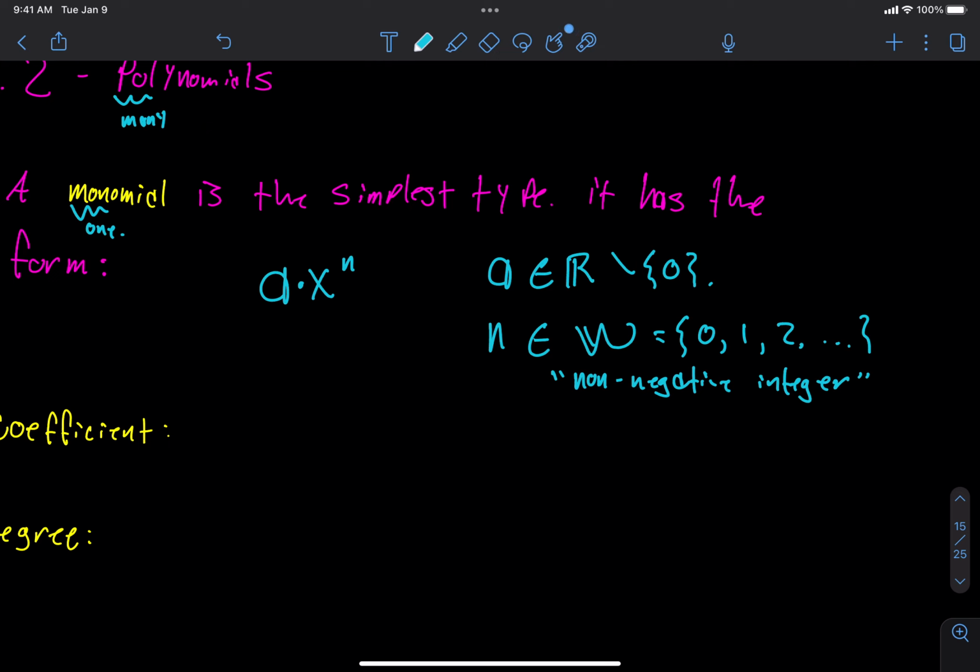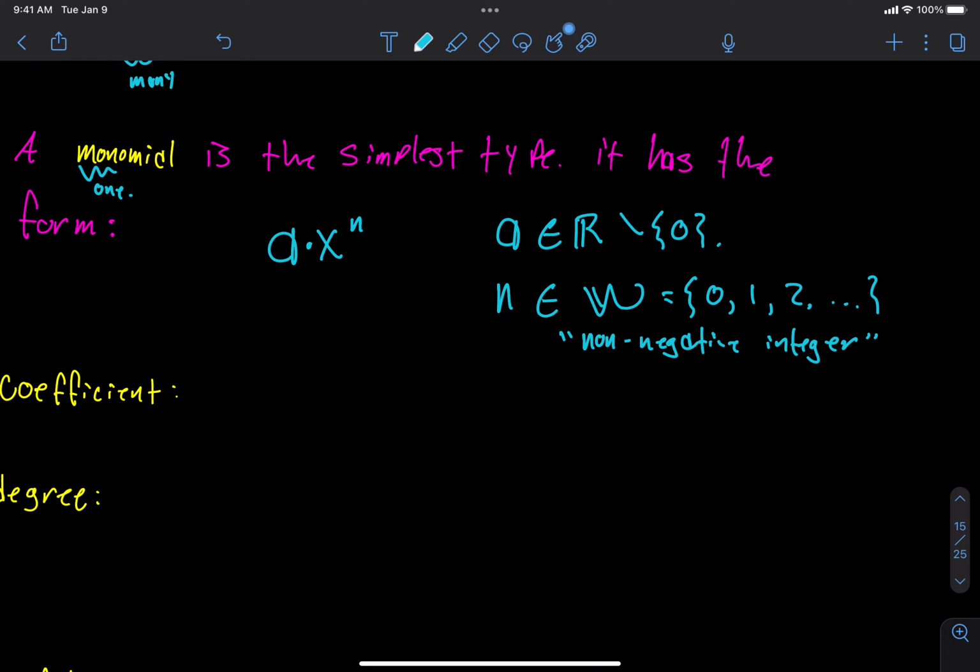I prefer to say non-negative integer rather than whole number because of the confusion between what we defined to be the quote-unquote whole numbers versus what we typically think of as a number which is whole. It's very confusing, which is why I like to say non-negative integer.